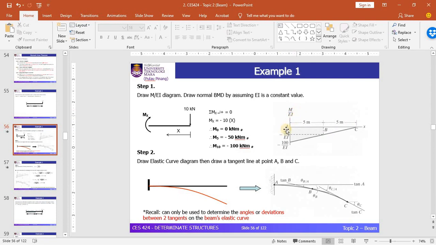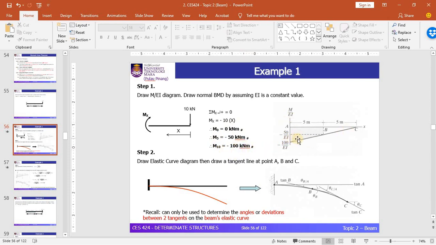You can see here the values that we have calculated from the equation of moment at x equal to 0, x equal to 5 and x equal to 10. The values are 0, negative 50 and negative 100 respectively. By using these values, you can plot the M/EI diagram.